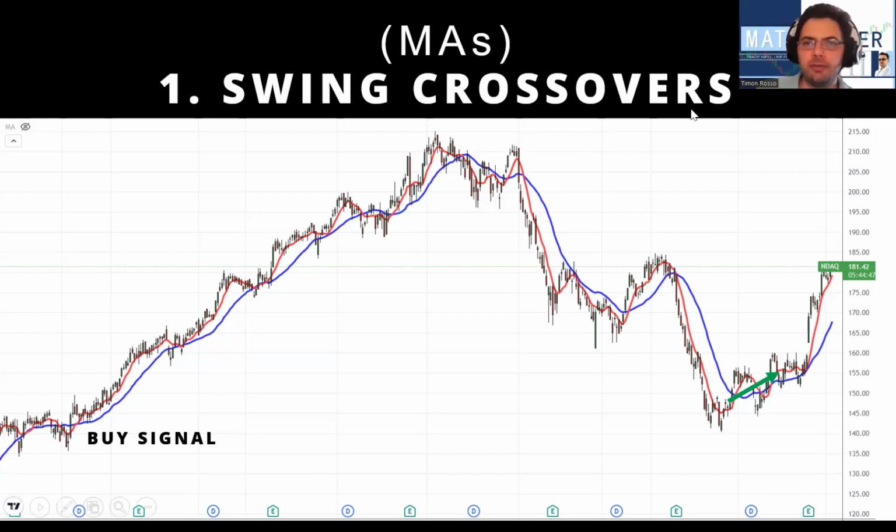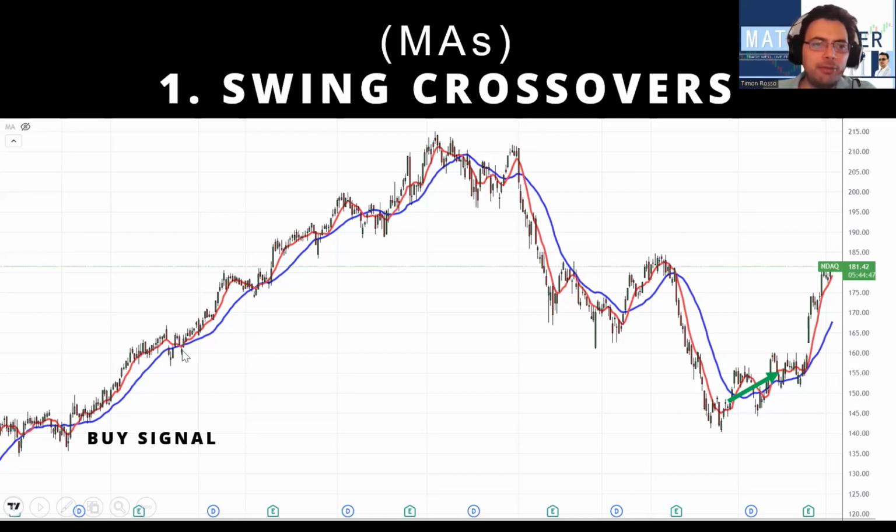The swing crossovers, for example, with the 7 moving average and the 21 moving average: the buy signal is when the 7 moving average crosses above the 21 moving average, okay? And when the price confirms and opens above, that is where you go long. So you go long, you buy at this level, and you hold, and you wait for the market to cross over and confirm.